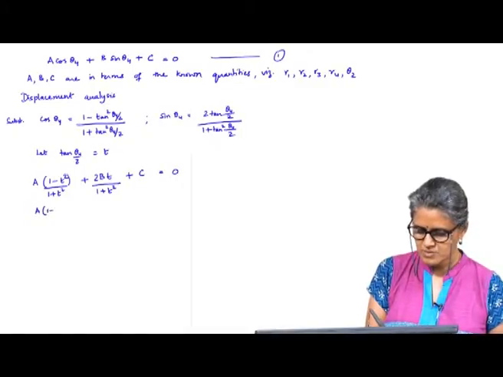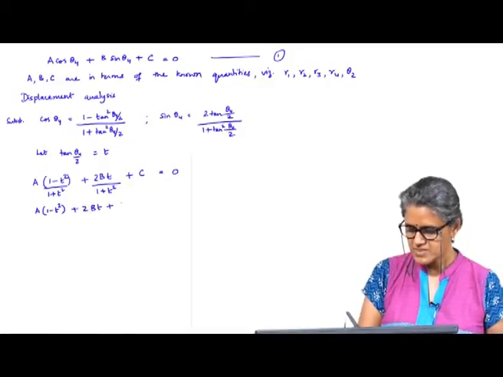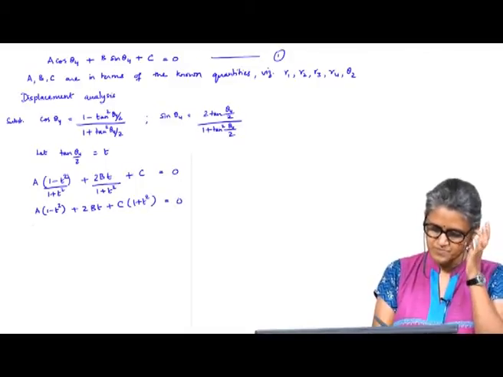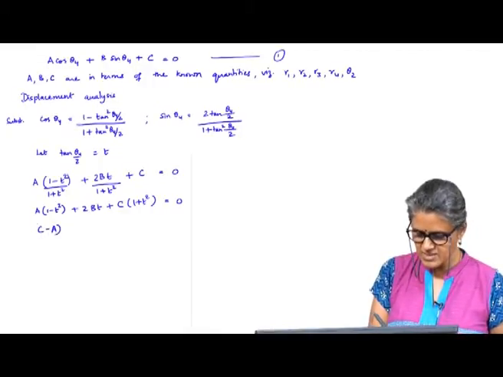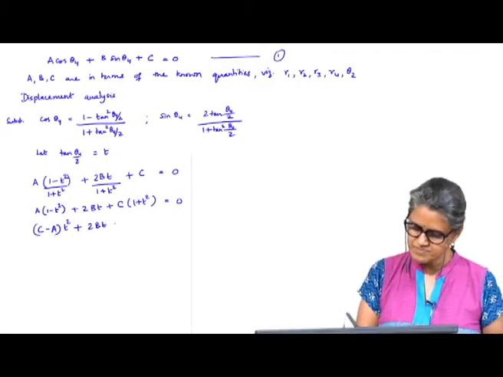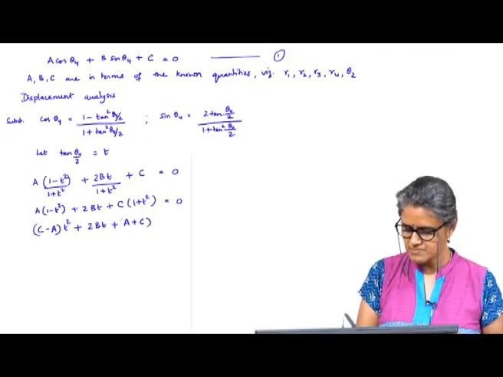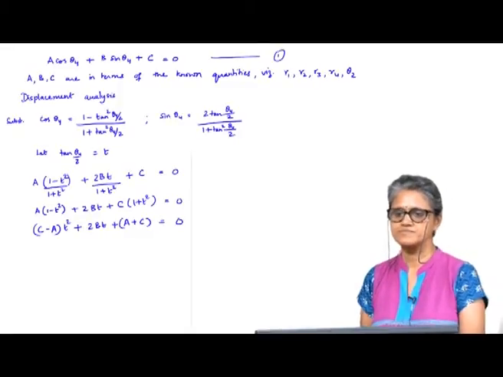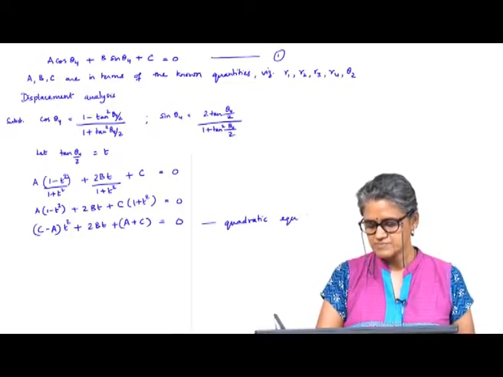Which becomes A into 1 minus T square plus 2BT plus C into 1 plus T square equal to 0. If I group the terms, I will get C minus A into T square plus 2BT plus A plus C equal to 0. This is nothing but a quadratic equation in T.